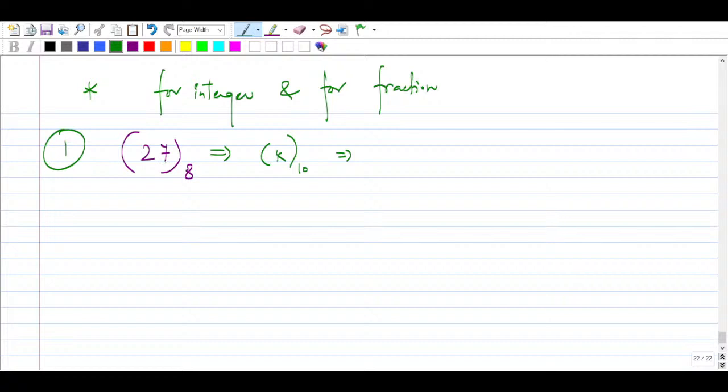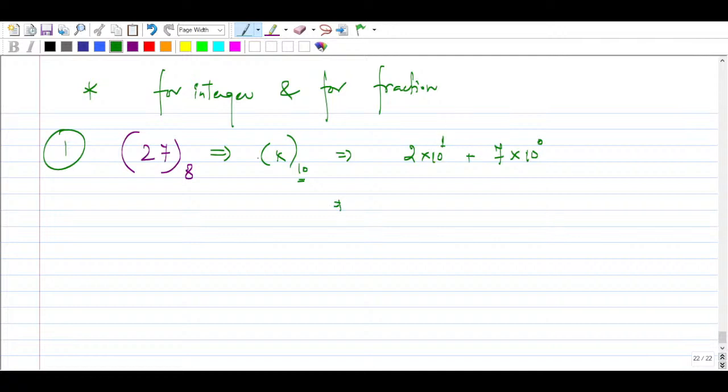Okay, what you will do here is convert like this. What is the digit here? 7. So you can say 7 into the corresponding weight of this digit. You have to write r to the power 0, so that is 10 to the power 0, plus the corresponding digit 2, and here you have to say 10 raised to power 1.